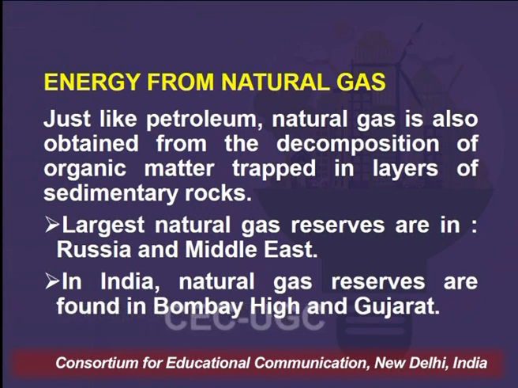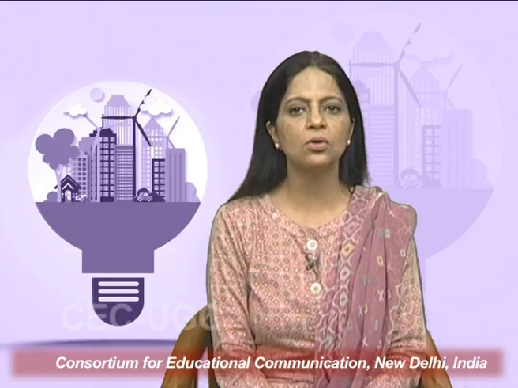Just like petroleum, natural gas is obtained from the decomposition of organic matter trapped in layers of sedimentary rocks. The largest natural gas reserves are in Russia and the Middle East. In India, however, natural gas reserves are found in Bombay High and Gujarat.